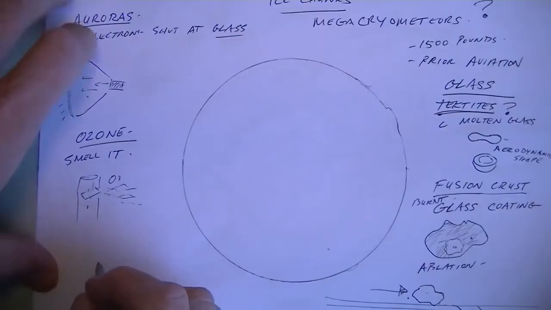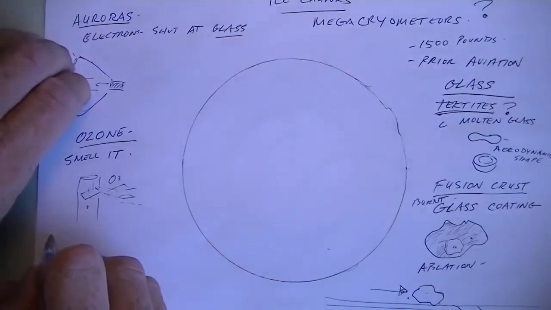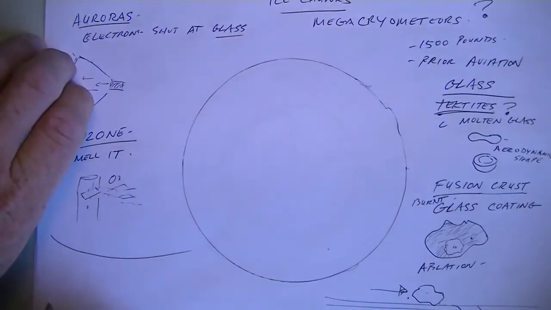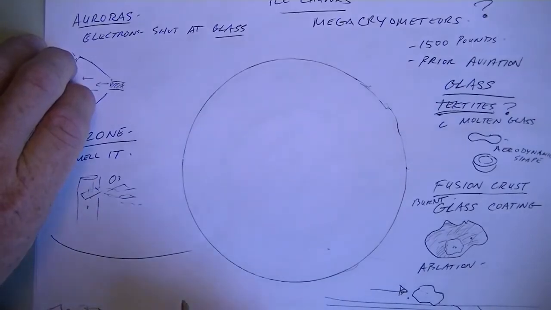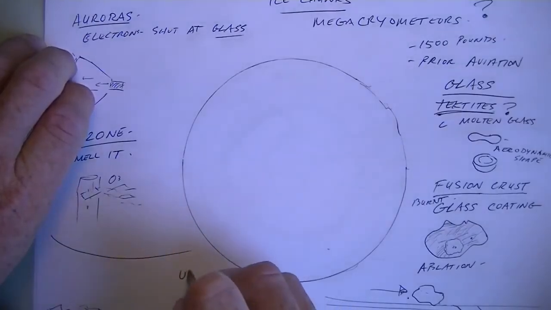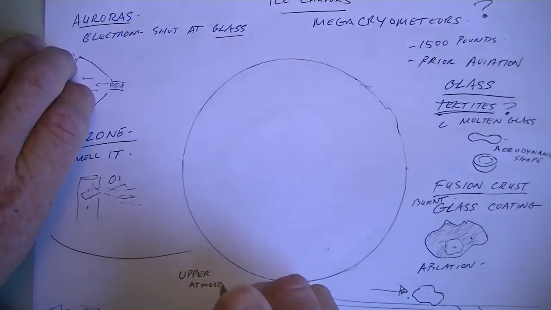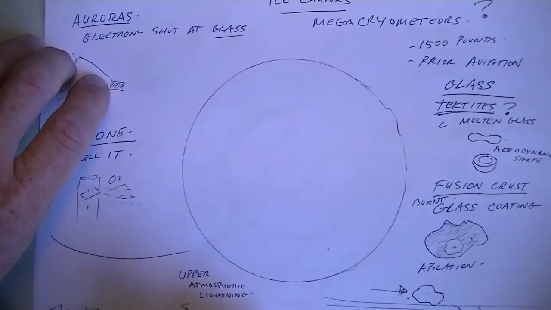Another reason that we have glass in the sky is because, let's draw a little cross section here. Here's the earth. Here's the water, whatever. Here's the clouds in the sky. In the thunderstorm, you have the lightning beneath the clouds, right? But you also have upper atmospheric lightning. They call those sprites.